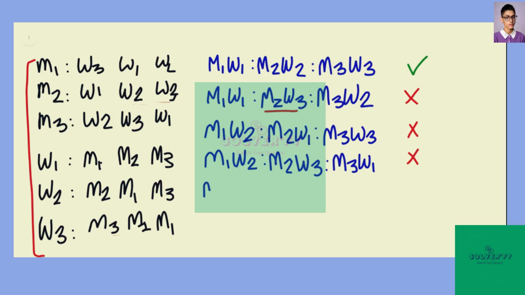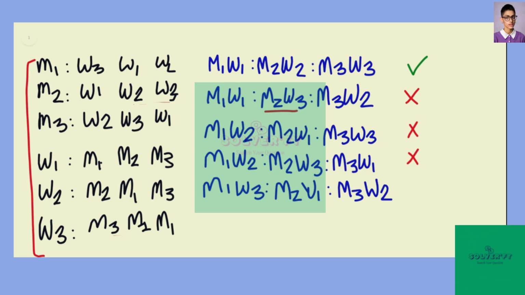Okay, so now I'm going to look at male 1 with woman 3, male 2 with woman 1, and male 3 with woman 2. Now in this instance, while some of the women could improve their situation, none of the men can, right?